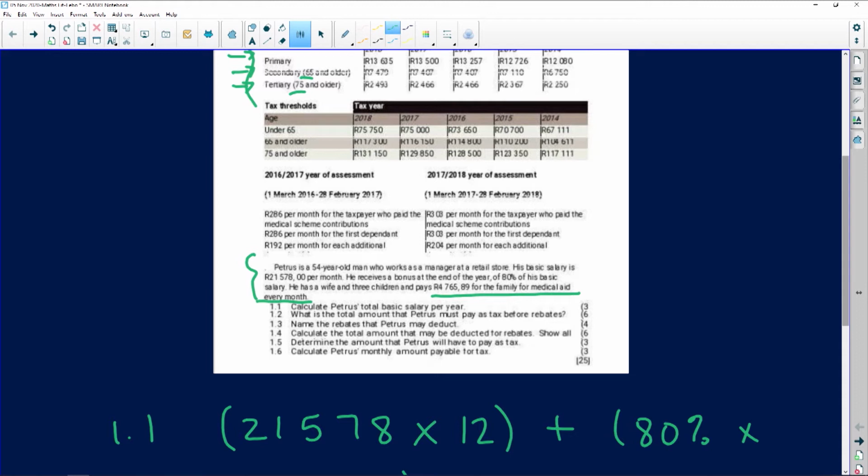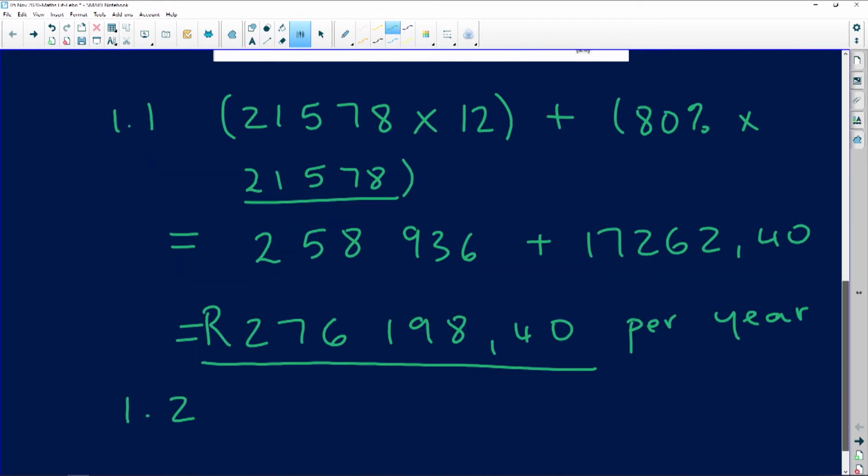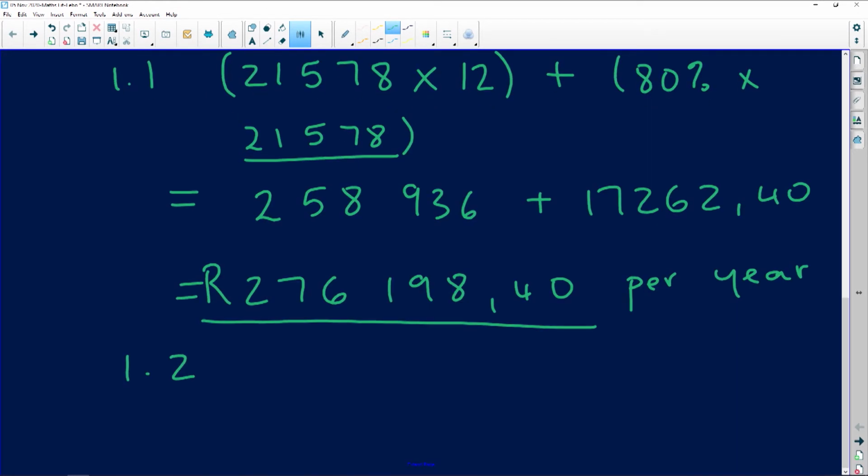So before we can go and calculate this, we need to first find out how much this person is going to pay on, what is taxable income. So let's use that amount first. The amount that we're going to use is this one that we've just calculated up here, 276,198.40.